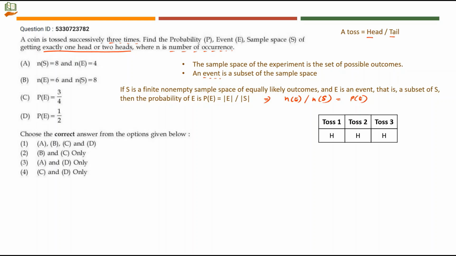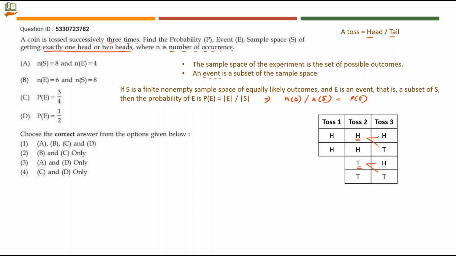So toss 3 will have head first and tail second, or tail first and head second. There are two possibilities. We mention these two possibilities for head in toss 2, and if you take the tail in toss 2, you have two possibilities, head and tail. So for head you have two possibilities, for tail you have two possibilities between toss 2 and toss 3.